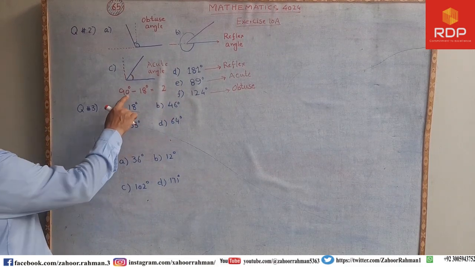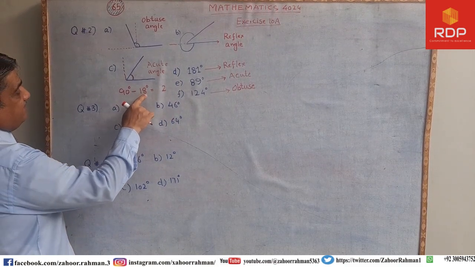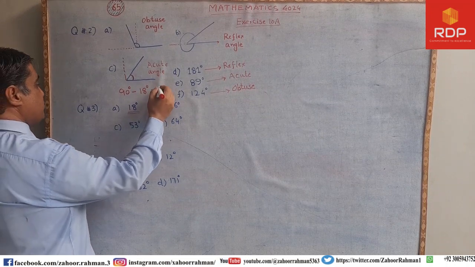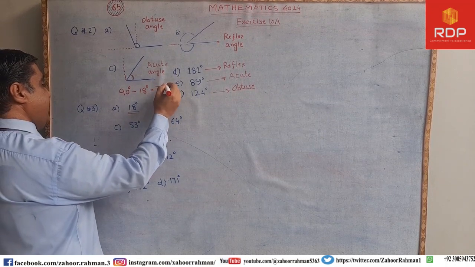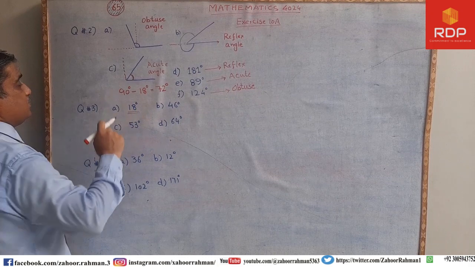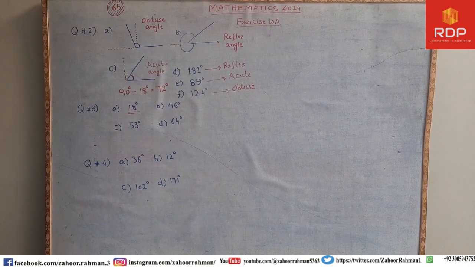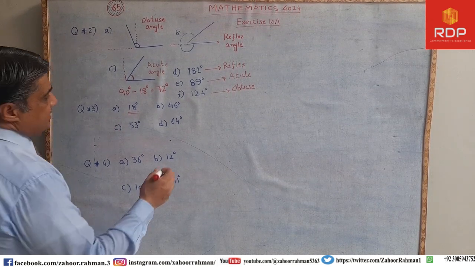So when we subtract from 10, 8, we get 2, and from 8 if we subtract 1, it will be 72. So 72 is the complementary angle of 18.